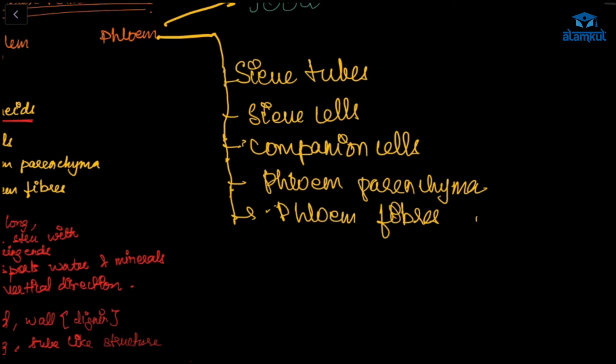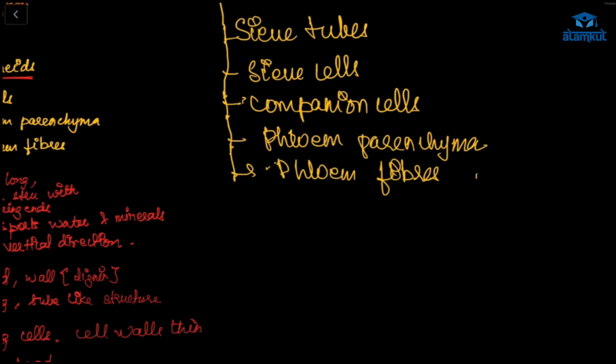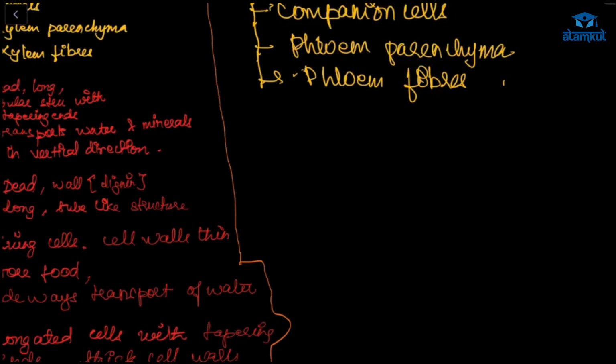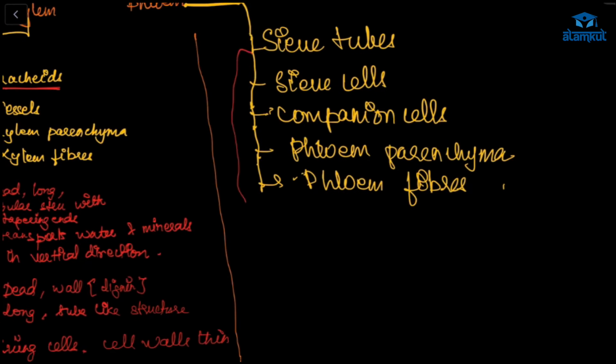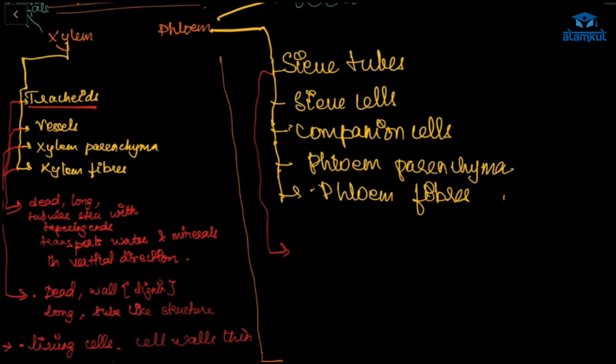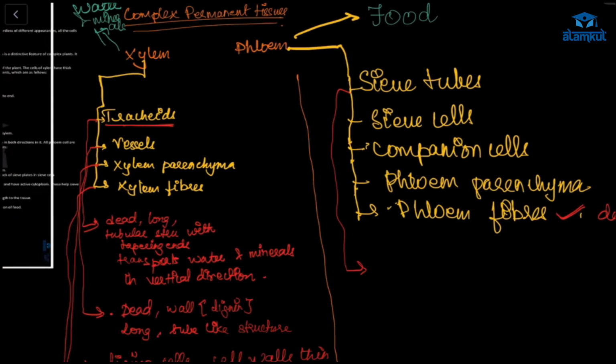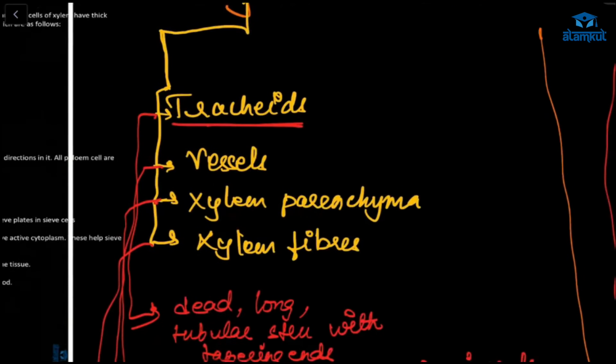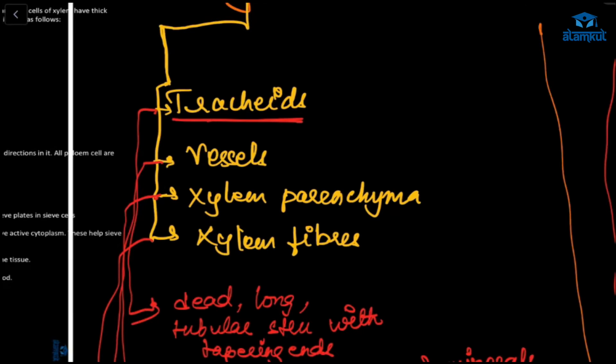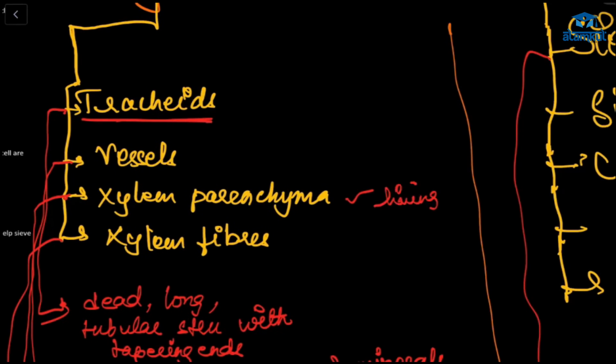Am I audible? Yes, ma'am. Okay, good. First thing is sieve tubes. Here in the phloem, all cells are living except one, which is dead. And in xylem, all cells are dead except one, which is living.